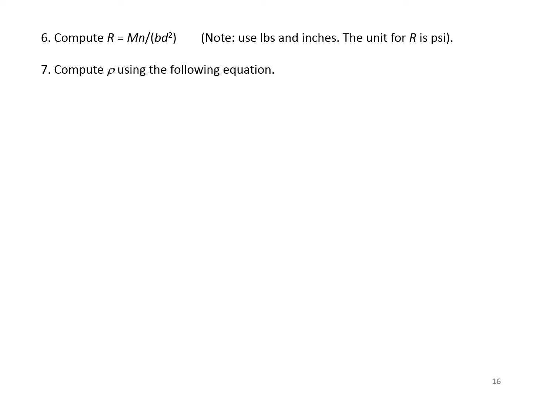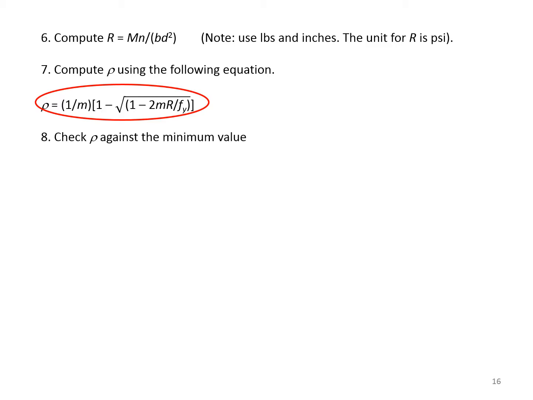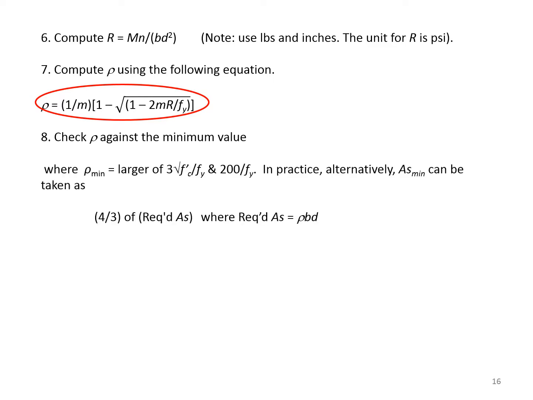Step 7. Compute rho using the following equation. Rho is equal to 1 over m times 1 minus the square root of 1 minus 2mR over Fy. This is an important equation as we mentioned before. Step 8. Check rho against the minimum value.